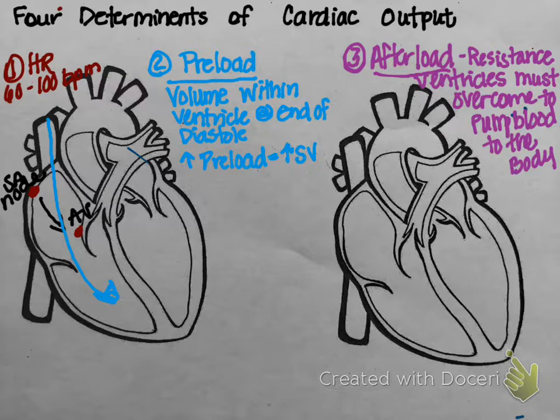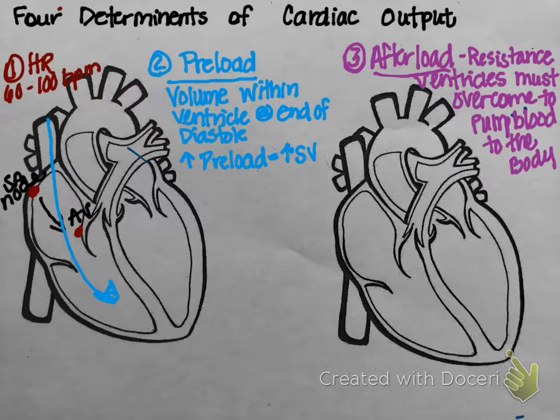Think about it as demand. And then his afterload, when he's got those constricted vessels, his heart is going to have to work harder to pump that blood out to the rest of the body. So think about it like there's a resistance there because all the periphery is constricted. Does that make sense?